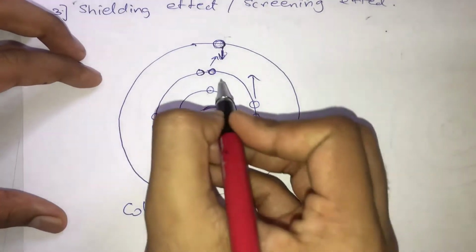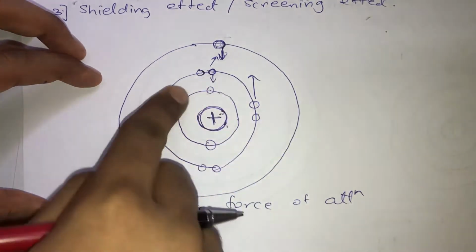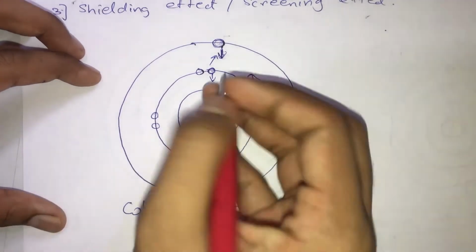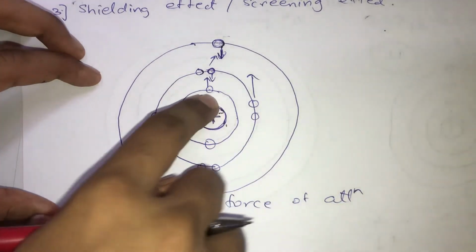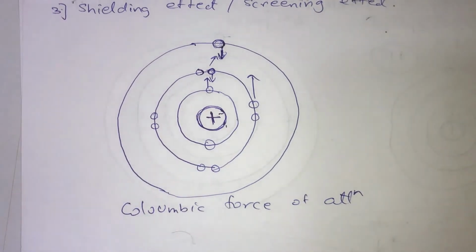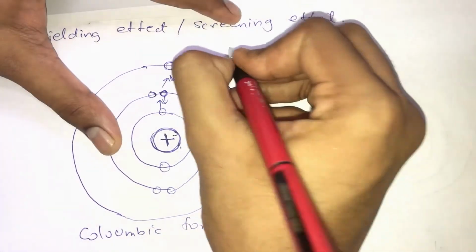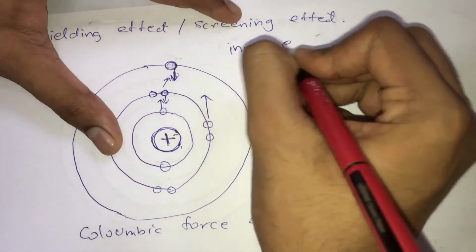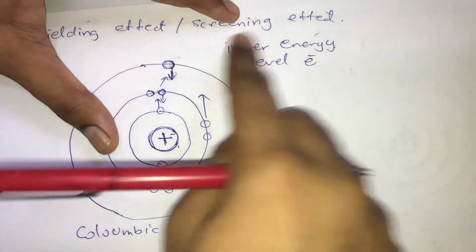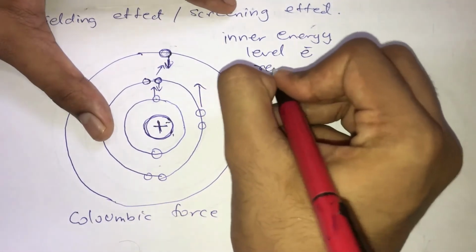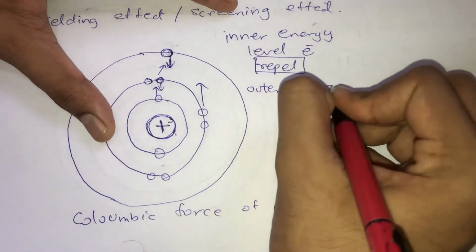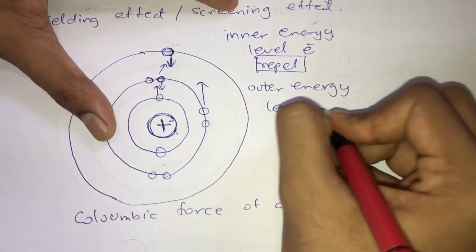Similarly, when the electron which is present in the second energy level tries to come towards the nucleus, it will be repelled away by the electron which is present in the first energy level. So can I say that the inner energy level electrons repel the outer energy level electrons?